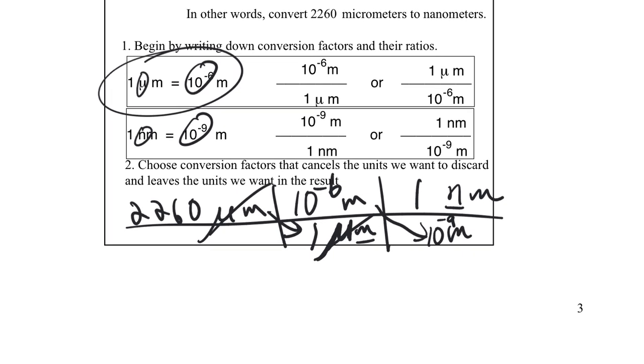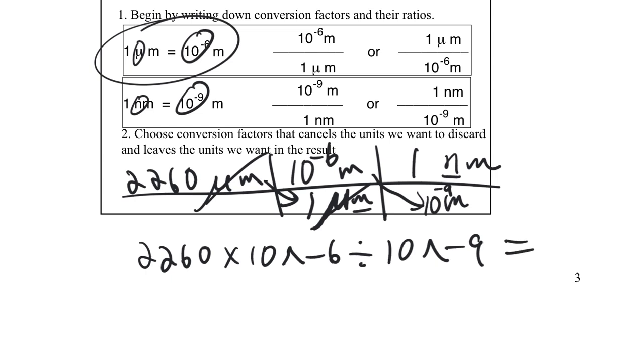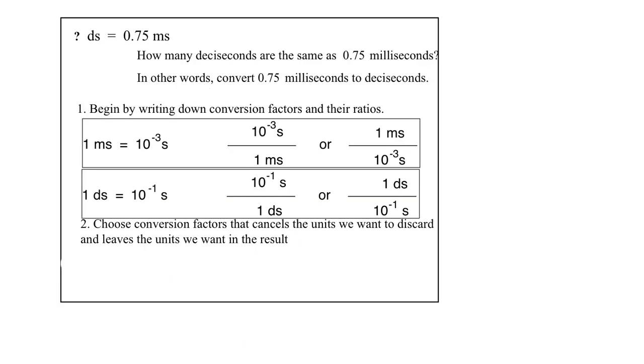Okay, so my answer would be 2260 times 10 caret negative 6 divided by 10 caret negative 9, which equals 226 with 4 zeros. Nanometers.